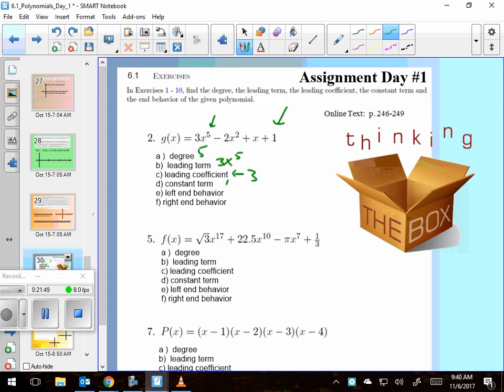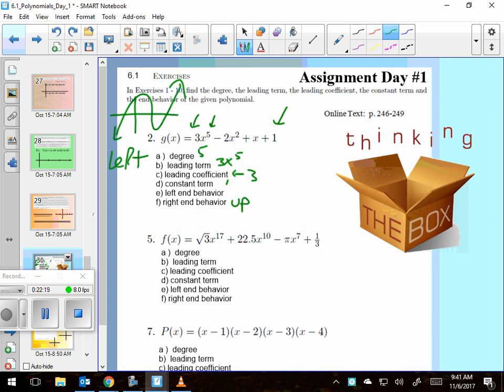The left end behavior. Okay, think for a second. If this had a picture, the left end's over here. I encourage you to stop. It's a trap. Don't try to do the left end behavior first. First, figure out what the right end behavior is. Do you get that since this is positive, the right end has to be going up? So put up for this.